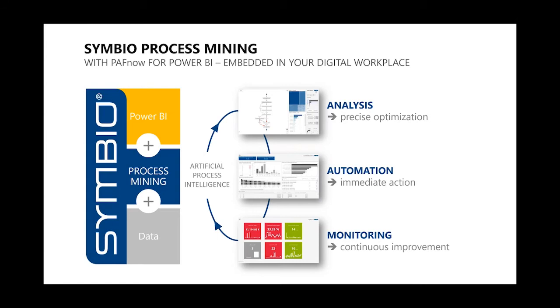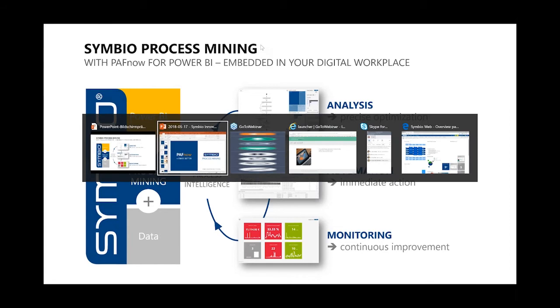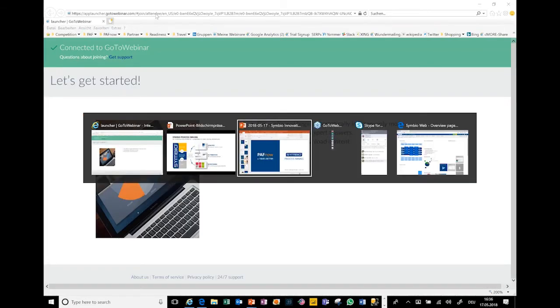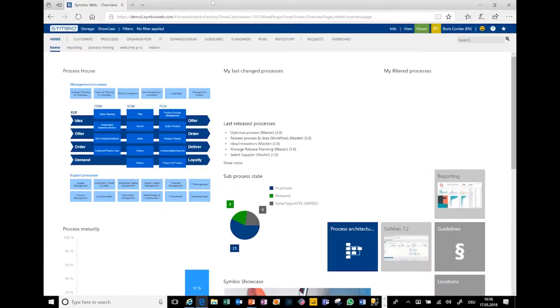So let's have a look at how we do this, and I will change to my browser. I hope you see my browser right now. I'm using a standard web browser to connect to the Symbio application. There are different ways of navigating to these kinds of reports.